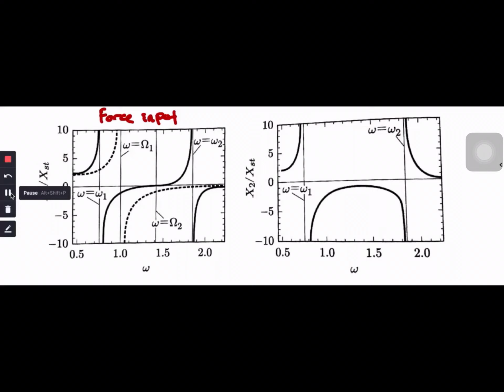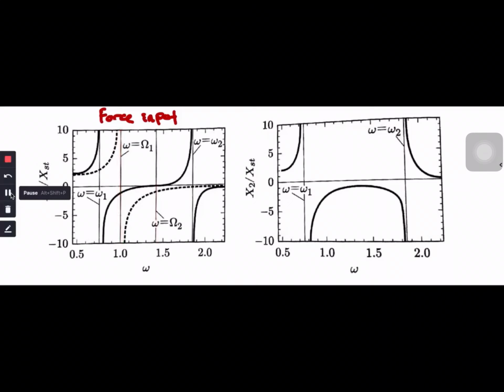Okay, so here we can draw up this relationship. Each line represents the natural frequency omega 1 and omega 2, this capital omega 1 and capital omega 2.